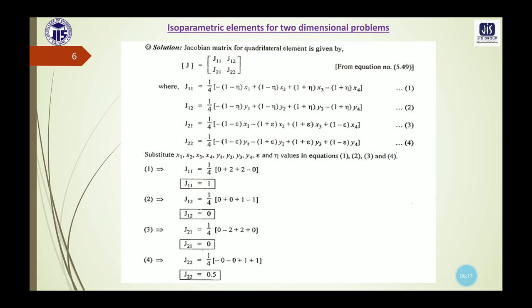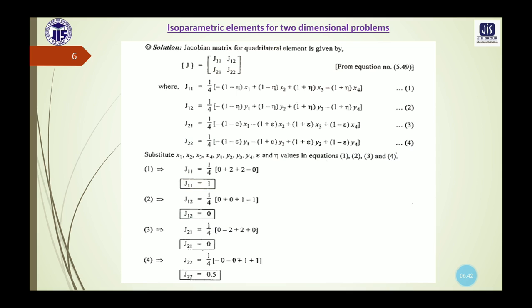Now in this equation, if we put the value of eta as 0 and the values of the x coordinates for the given quadrilateral element, we will get the value of J11 as 1. Simplification is given here.